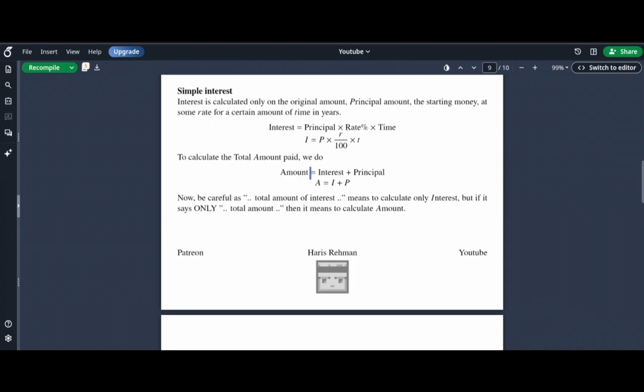Very simple. If it asks you to find the total amount of interest, it means to only calculate this value I. But if it asks you to calculate the total amount, then it means to calculate the total amount paid.